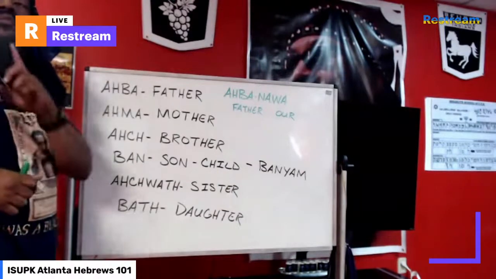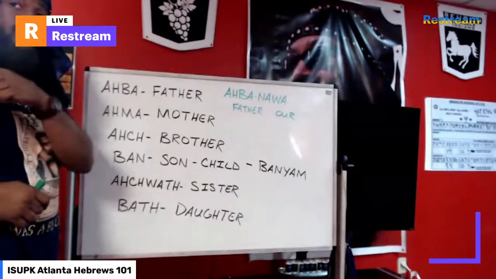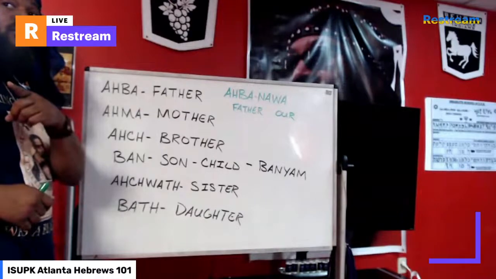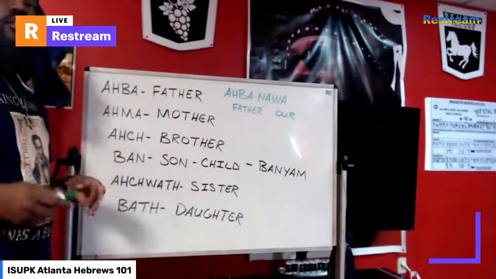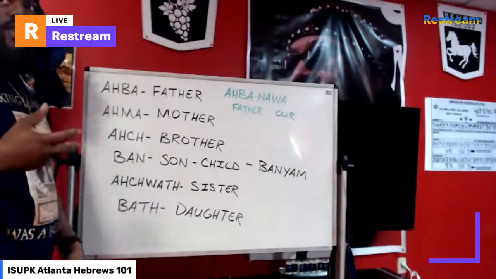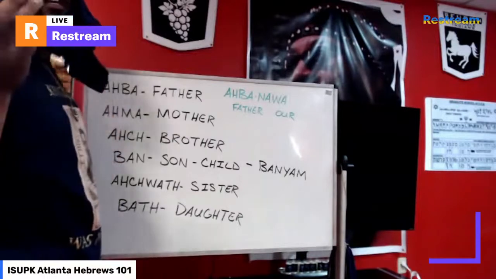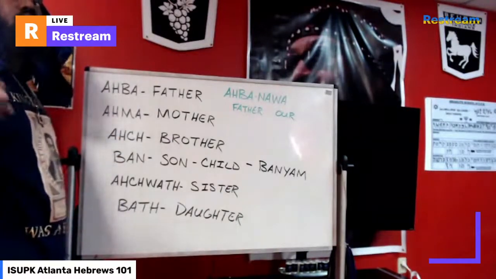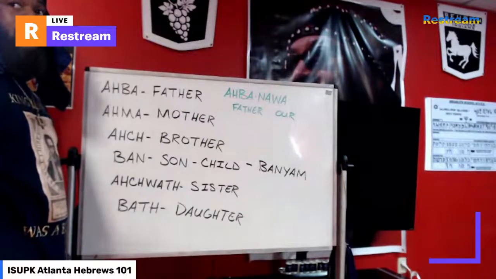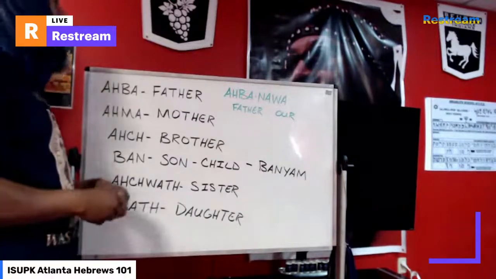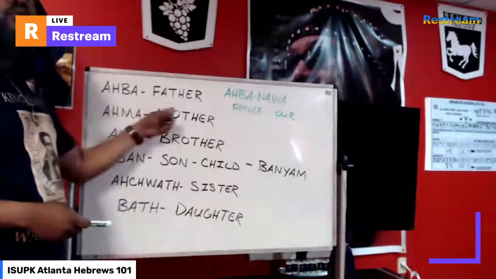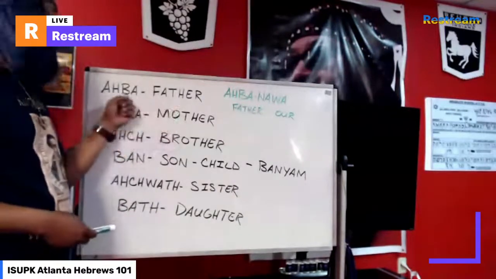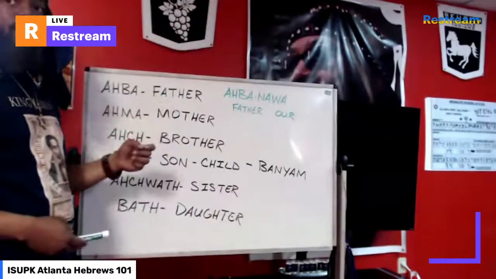Okay. So now, how do we pronounce it though, when we say it in our prayers? Abba Nawa. Right. So it's the same thing with the bridge. See, I have not seen it, and I was not taught that, so I cannot teach you that. That's what I'm saying. I was taught Abba now, meaning our Father.